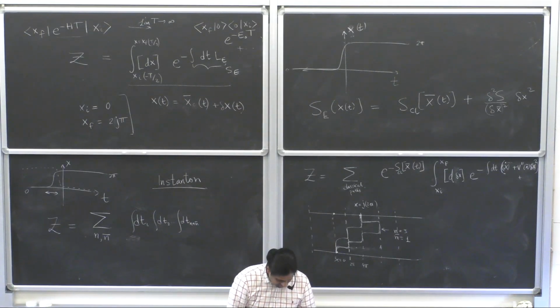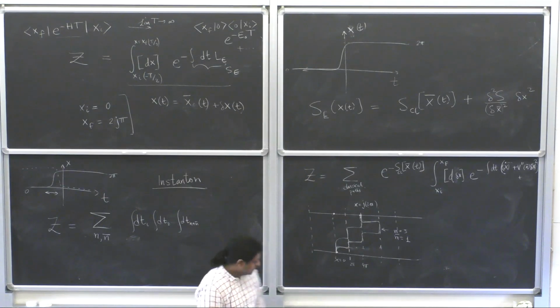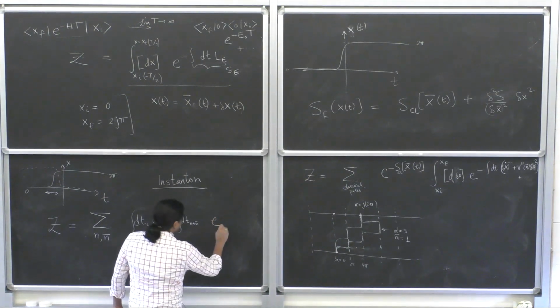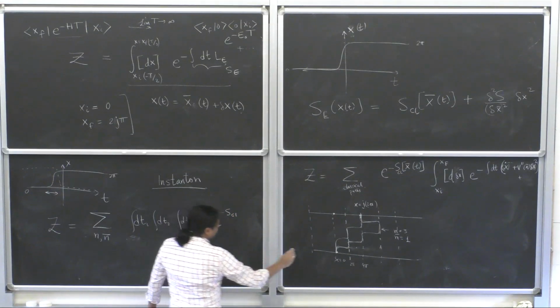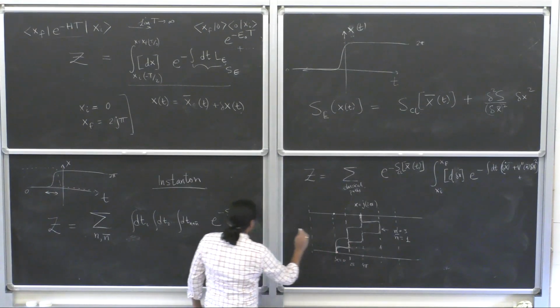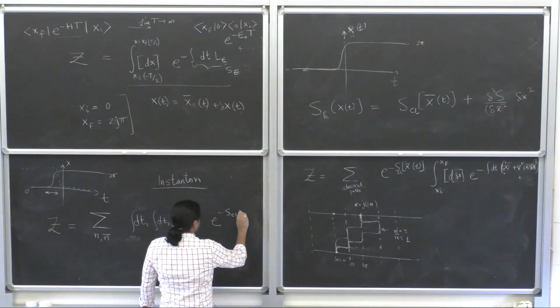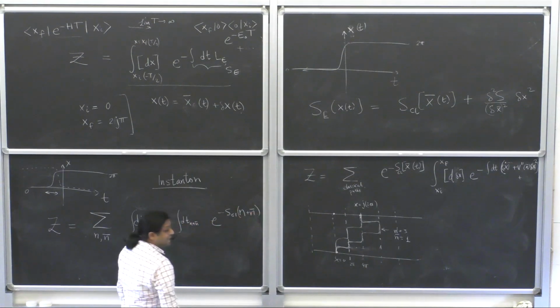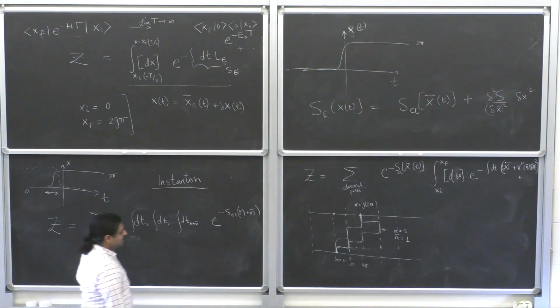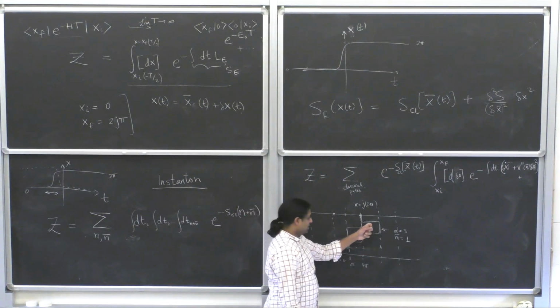And we also get n times the action of each of the instantons. So if the action of one instanton is e to the minus S classical, we get n plus n bar copies of that. The action for the instanton and anti-instanton are the same.